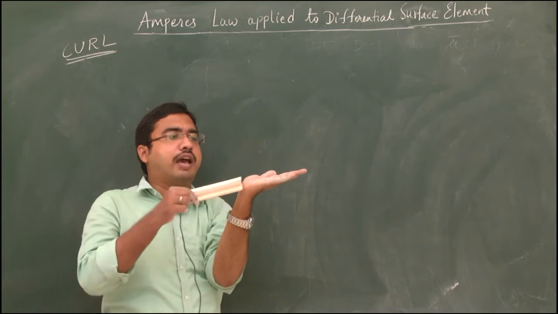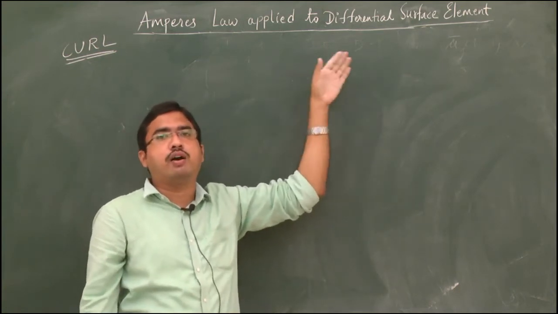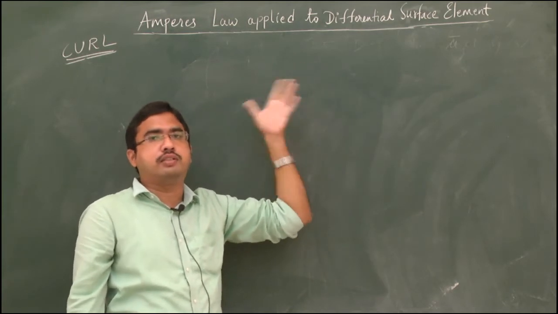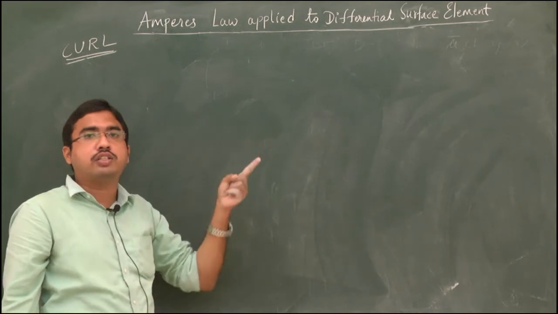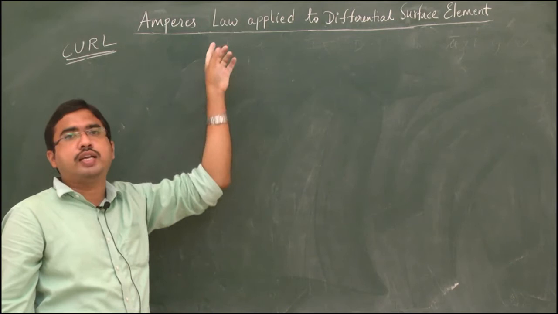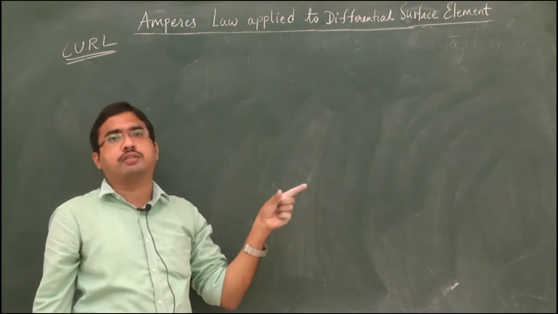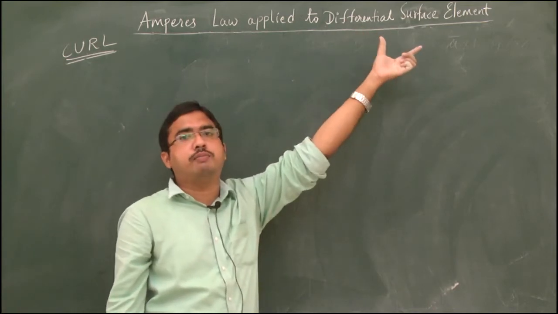That surface will have a closed path called Amperian path, which we have already defined in our previous derivations. There, while applying Gauss law, we are considering Gaussian surface. Here, while we are applying Ampere's law, we will consider Amperian path. Okay, that Ampere's law is applied to a differential surface element.